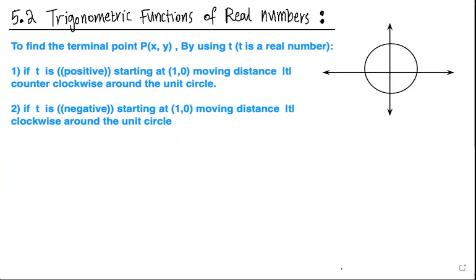So now, today we're going to define the trigonometric functions by using the terminal point. So you have to know, for example, this is my unit circle. I start walking from this point, (1, 0), walking around the unit circle like this with t, and I stop up to here, and this is my t.